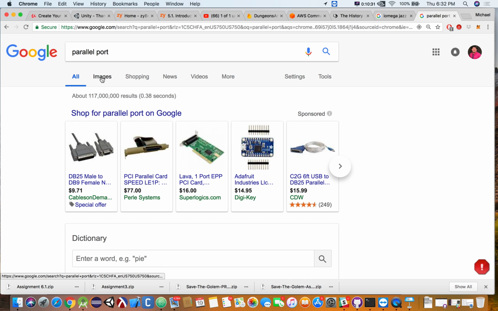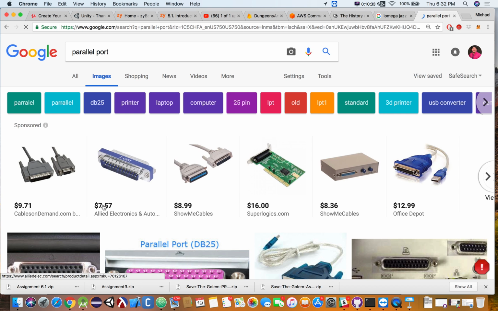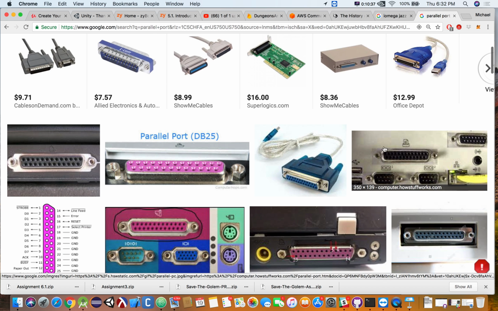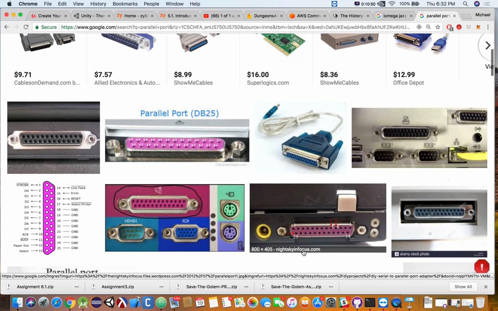This was the port you would plug your printer into. So it would look like this guy right here. That's a parallel port. And here's serial ports underneath here. See the shorter serial ports? Here's another parallel port. Here's a pink parallel port.